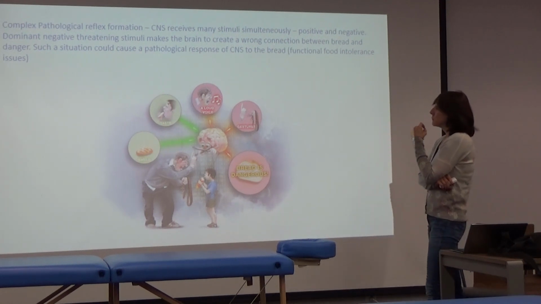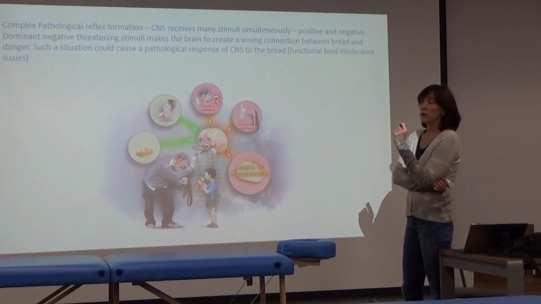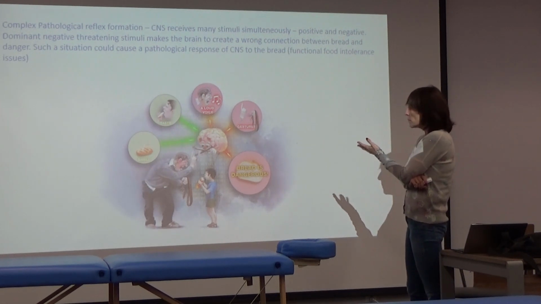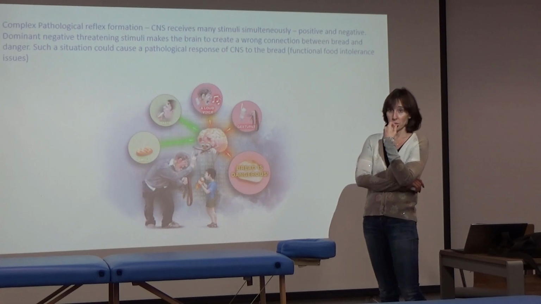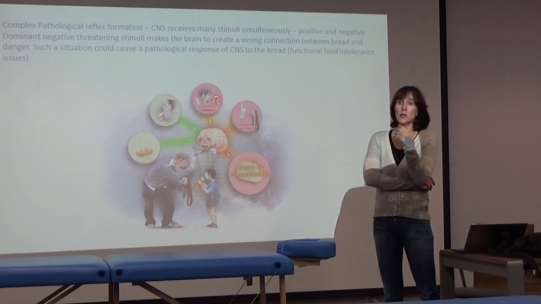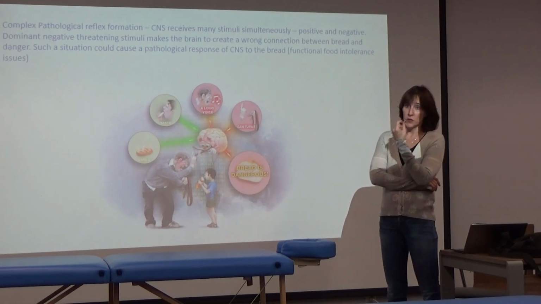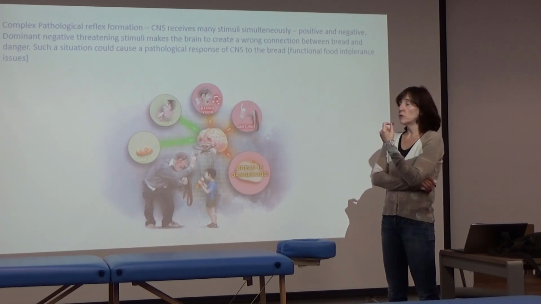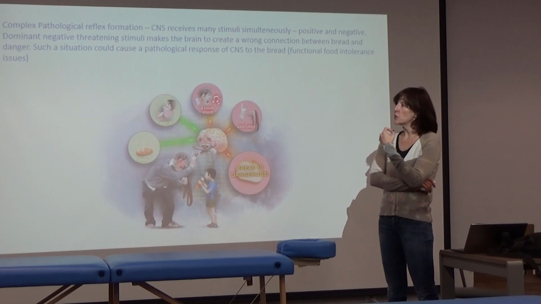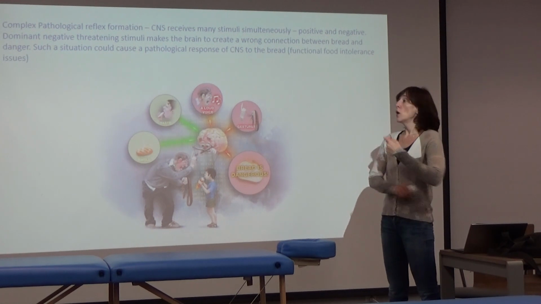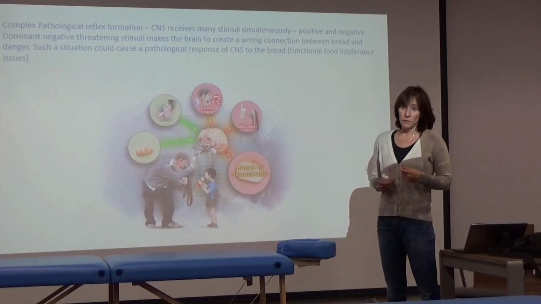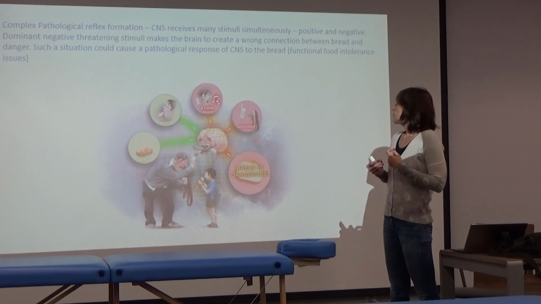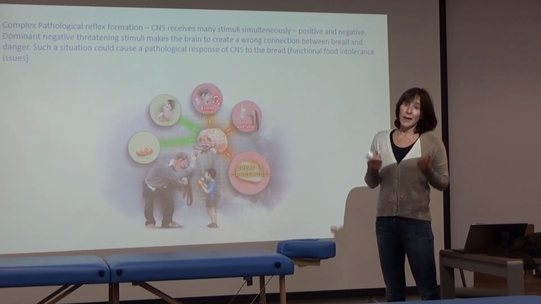As we talked before, when somebody is eating bread, eating the food is a nice, positive stimulus for the central nervous system. And once we eat the food, the parasympathetic system works, so we have the digestive system working, and this kind of relaxed state.